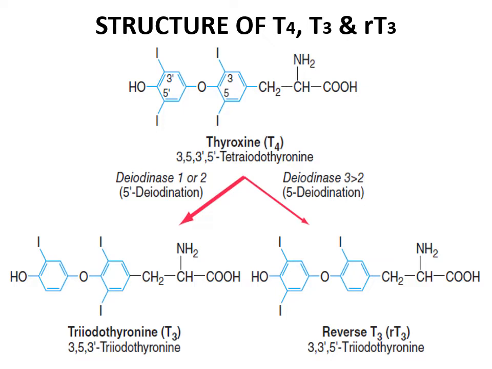T3 is formed by 5' deiodination of T4 in peripheral tissues, but when there is deiodination at the 5th position, reverse T3 is produced, which is inactive.